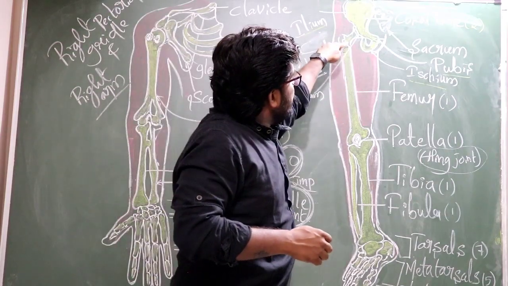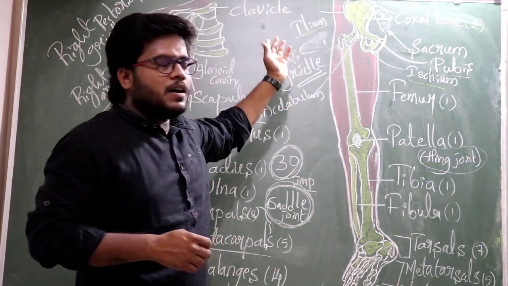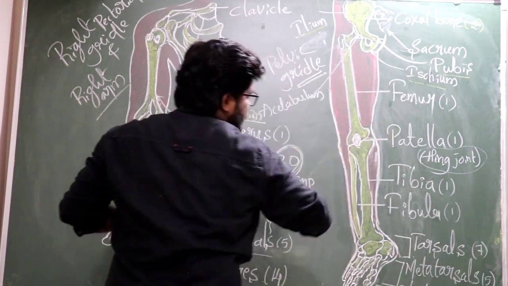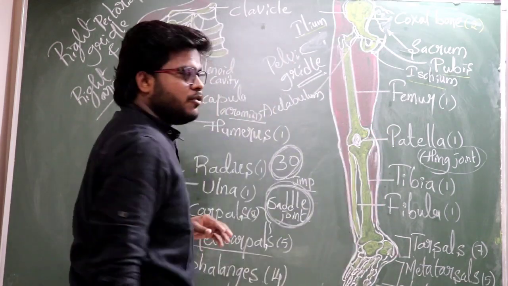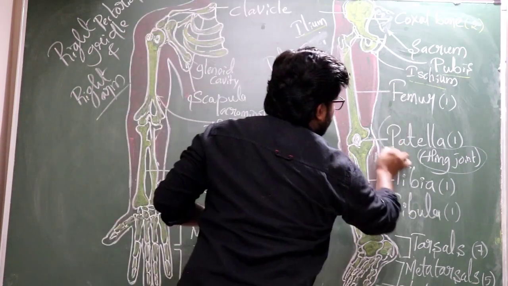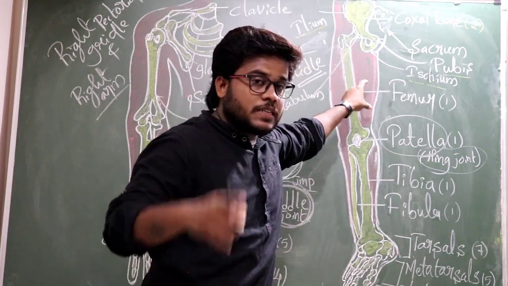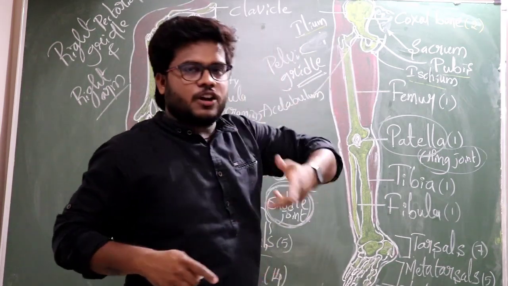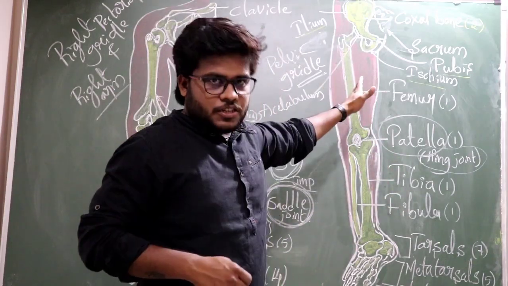At the upper end, the femur is attached with the pelvic girdle or hip girdle, and at the bottom it is attached to the tibia and fibula by means of the patella. There is one femur bone, which is the strongest, longest and even the largest bone.